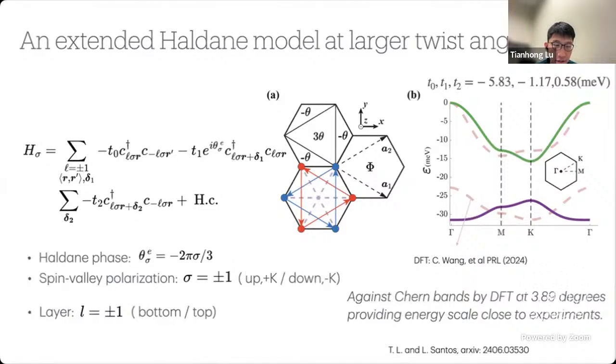And because the third nearest neighbor, as you can see in figure A, where red dots mean one layer and blue dots mean the other layer, the third nearest neighbor hopping goes from one layer to the other layer. This is interlayer tunneling. It doesn't require a phase factor, so the third nearest neighbor hopping can be real.